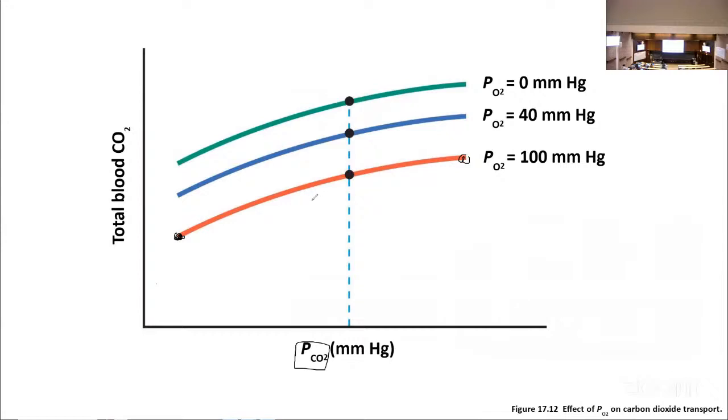What's going on here is that if you have no oxygen at all in your system, you'd carry more carbon dioxide in the blood than you do in a fully oxygenated systemic artery, under normal conditions. So there's a little less carbon dioxide carrying capacity in these higher oxygen environments. So this is known as the Haldane effect.